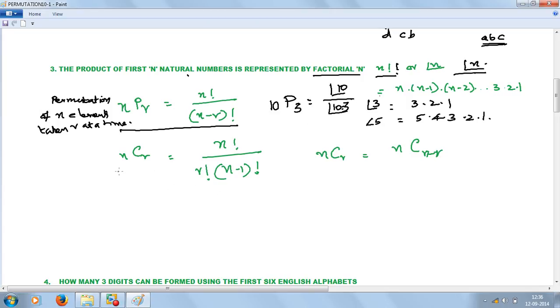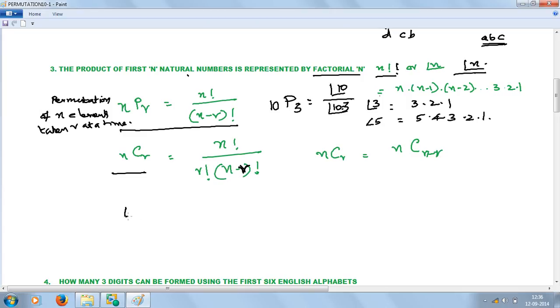Similarly, for combination, there is a slight difference. Combination of n elements taken r at a time is equal to factorial n divided by factorial r multiplied by factorial n minus r.